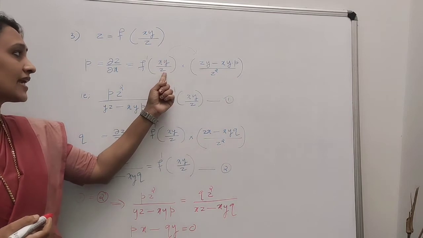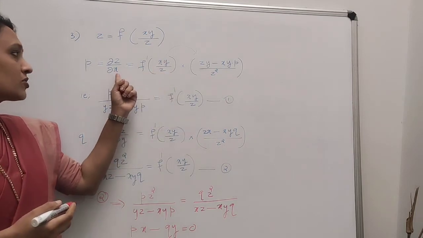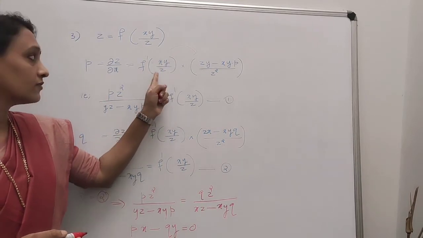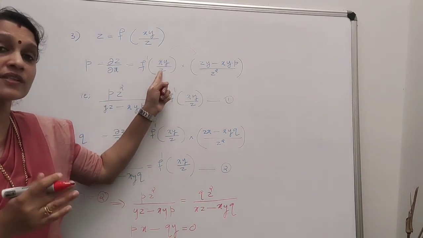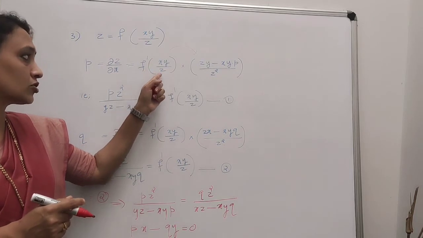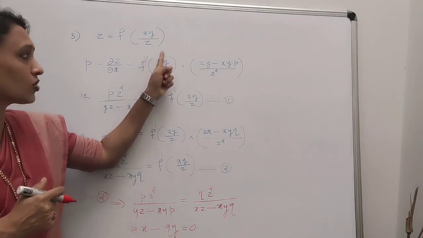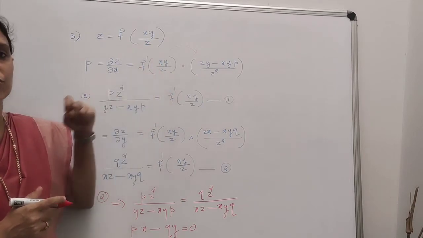Okay, xy by z, whose derivative with respect to x, how do you find? This is a quotient, right? Remember, z contains both x and y, so the denominator contains x and the numerator is also a function of x. So surely we want to apply here the quotient rule.